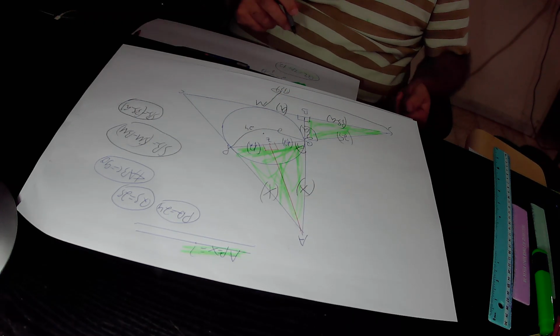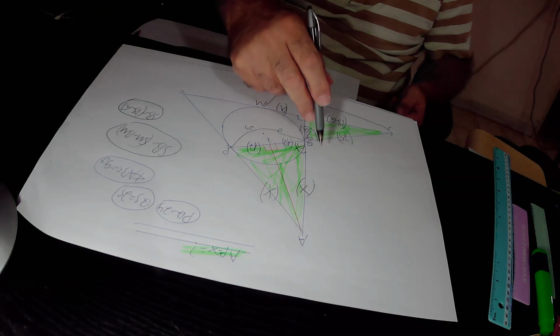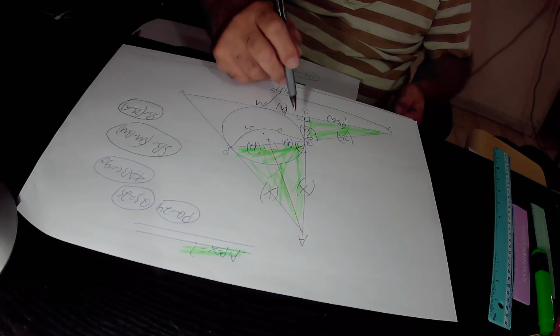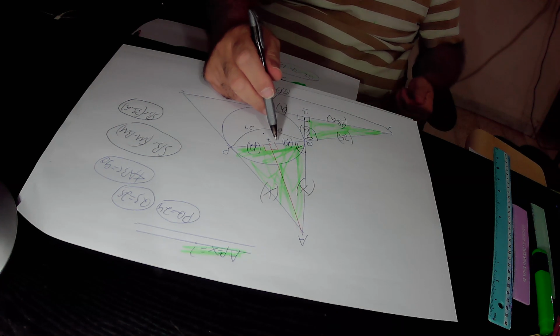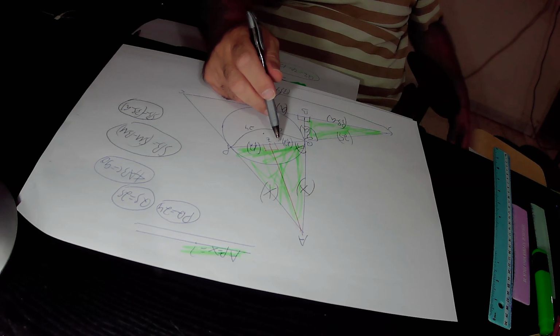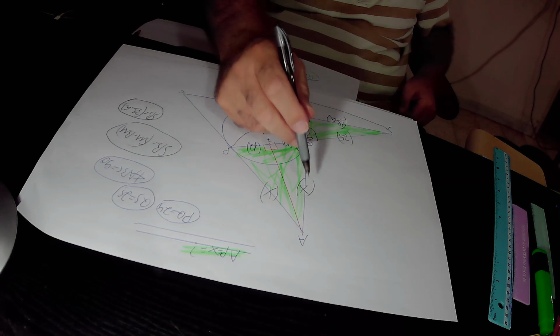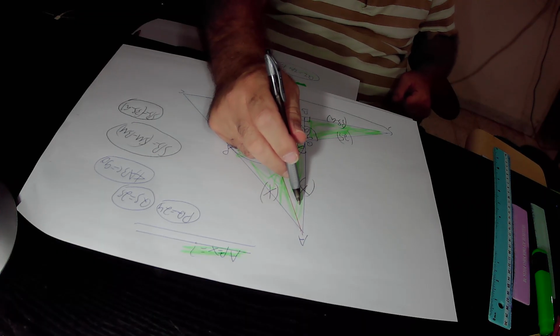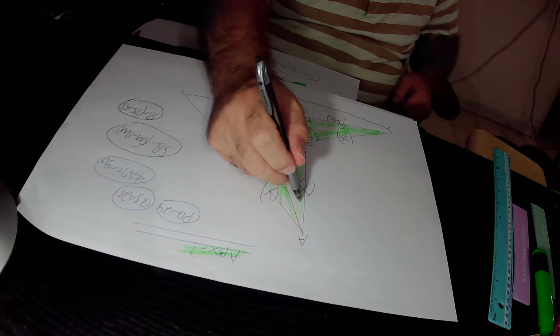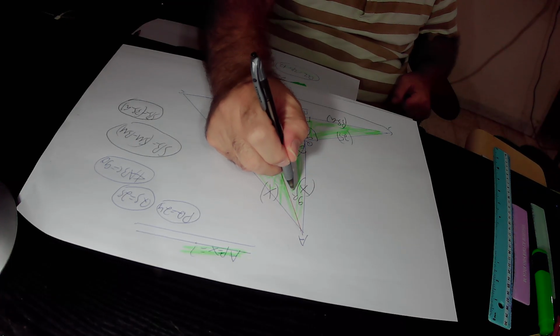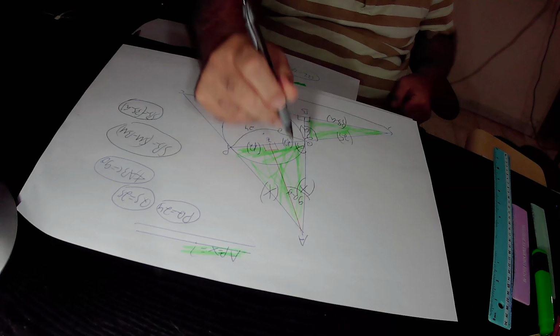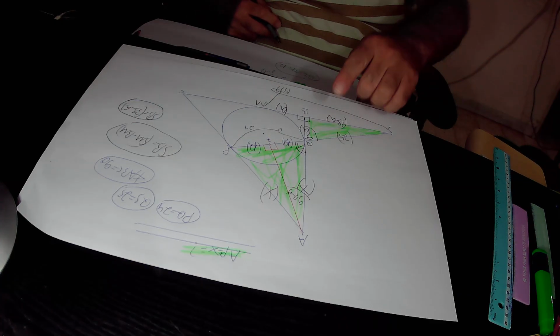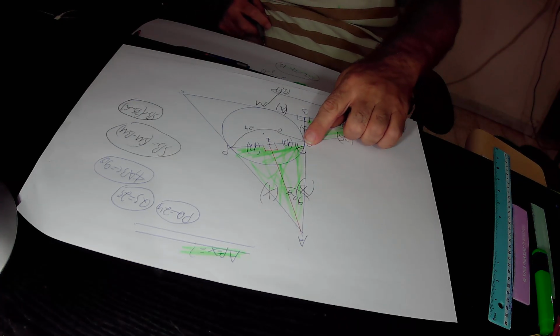So in this right green triangle AQZ, this angle equals alpha, this angle equals 90 degrees, and therefore this missing angle must equal 90 degrees minus alpha. Why? Because 90 degrees minus alpha plus alpha is 90 degrees.